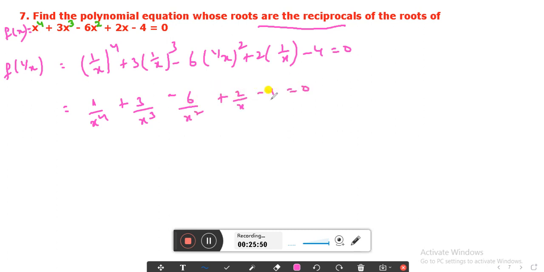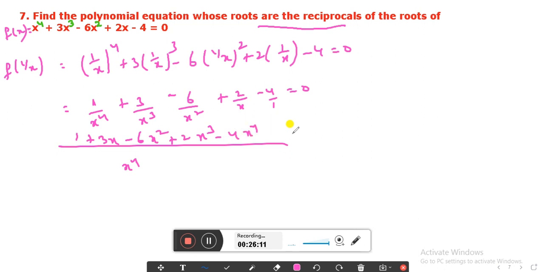For all these denominators we have to take the LCM. x power 4 becomes 1, 3x because x cube comes x times, minus 6x square times we can get, so 6x square plus 2x cube minus 4x power of 4 equals 0. In the 1 table it comes x power of 4 times. So finally, when x power of 4 is sent to the right side, it becomes 0.